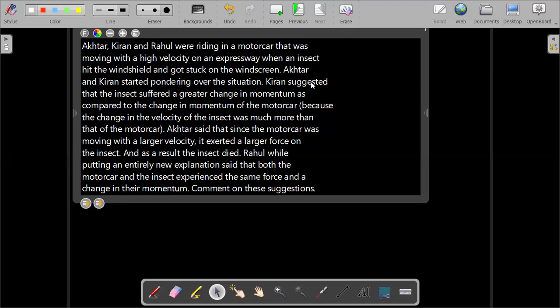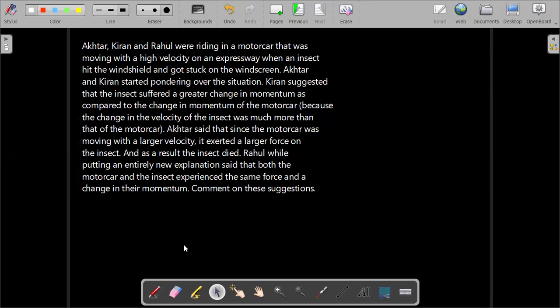Next doubt is from osmosis and diffusion. So understood the answer here?